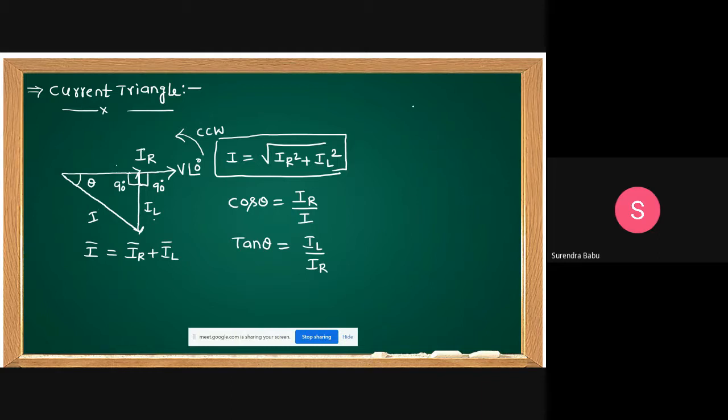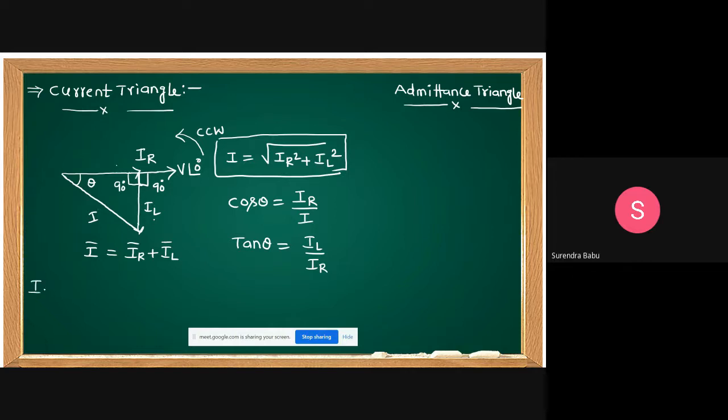Can you draw the admittance triangle? Yes, friends. Admittance triangle. In this triangle, this is IR. What is IR, students?